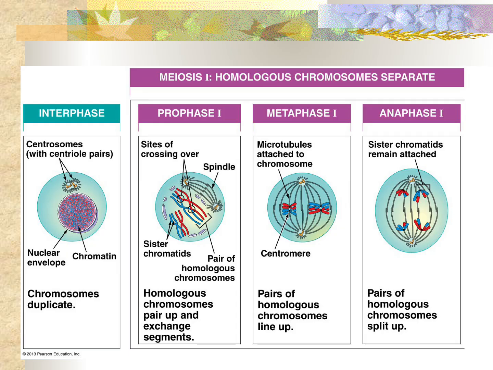They pair up and they exchange segments in synapsis. Then in metaphase 1, these homologous pairs line up on the metaphase plate, and one of each homologous pair is separated. This is the reduction division, and so now the resulting two cells, instead of having two pairs of chromosomes, will only have one pair.